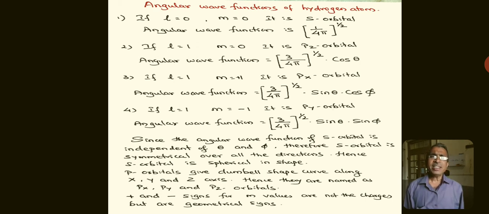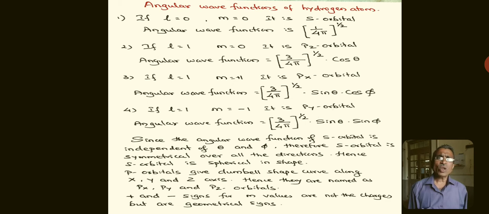If l is equal to 1 and m is equal to 0, it represents the p orbital, and in the p orbital, it represents the pz orbital. So, angular wave function for the pz orbital is 3 upon 4 pi raised to 1 by 2 into cos theta.